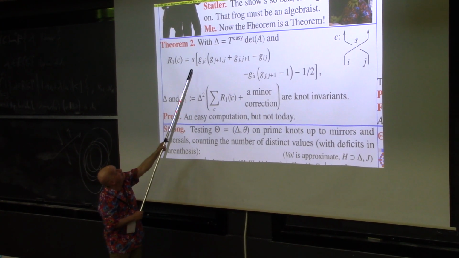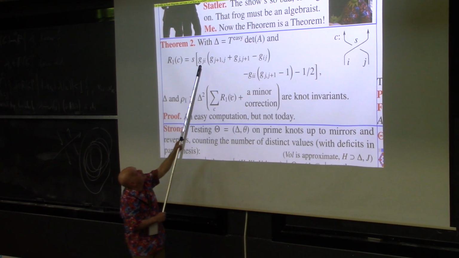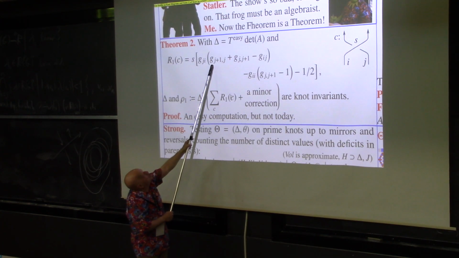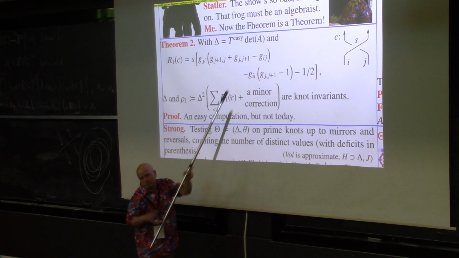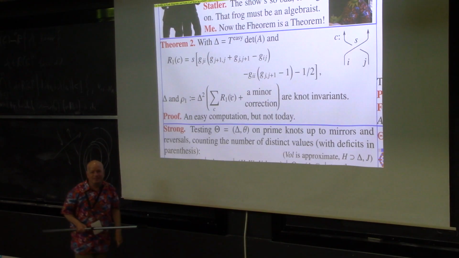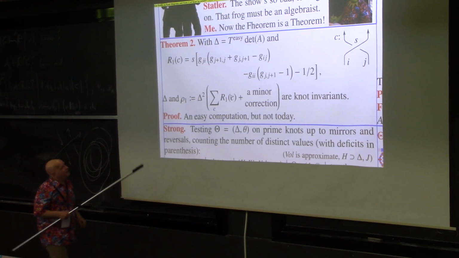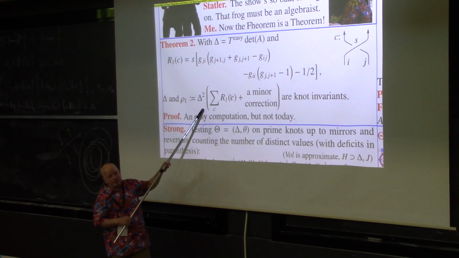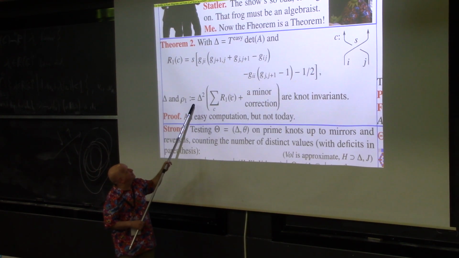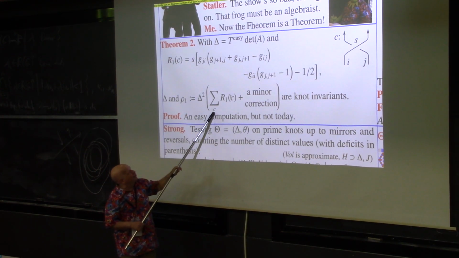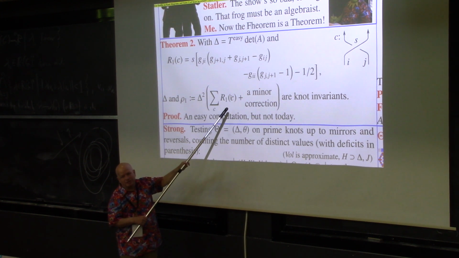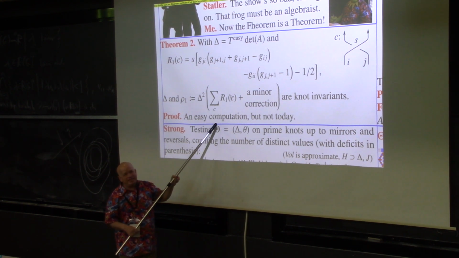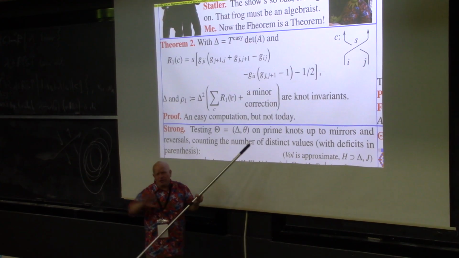So basically, S times G_ji times G_j+1,j, blah, blah, blah. I don't know, some horrible mess. And then I define rho 1 to be delta squared times the sum over all crossings of R1 of C, plus a minor correction.